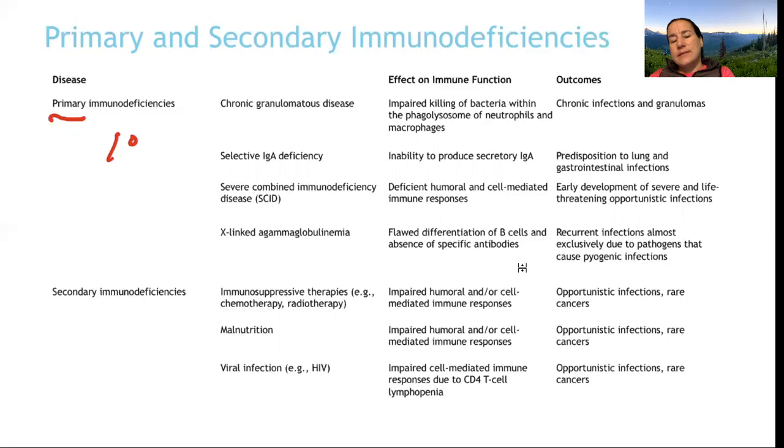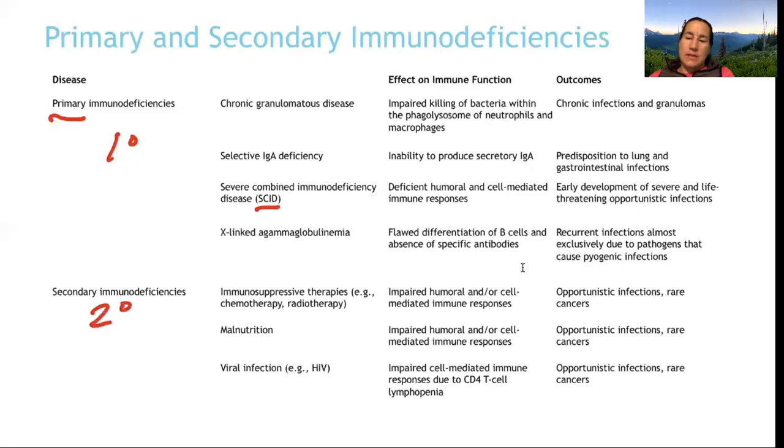There are secondary immunodeficiencies too. Secondary immunodeficiencies are going to be a result of, it's secondary to something else. So maybe you have type 1 diabetes, and that could cause a secondary immunodeficiency.